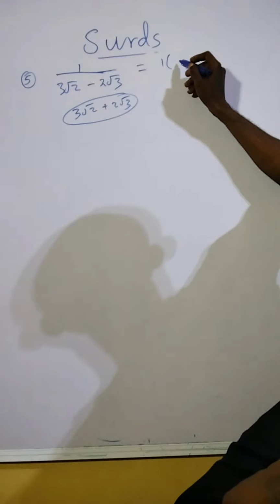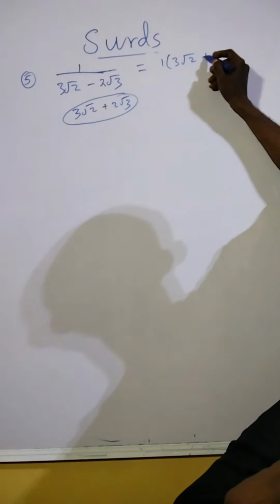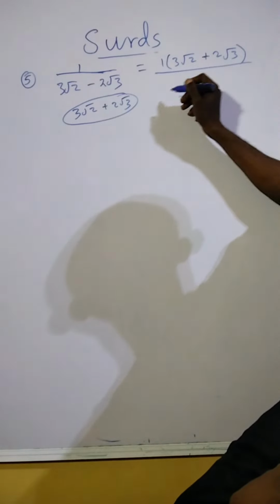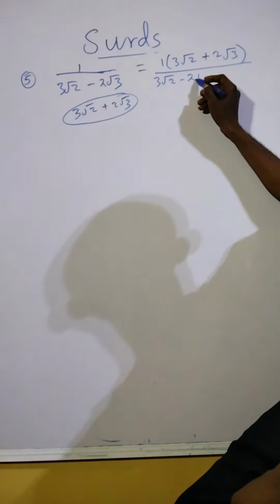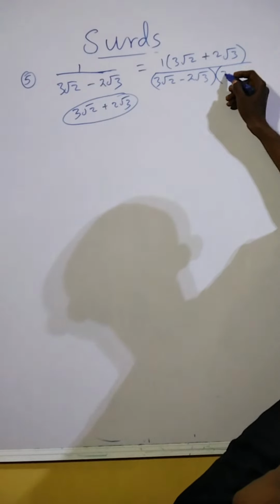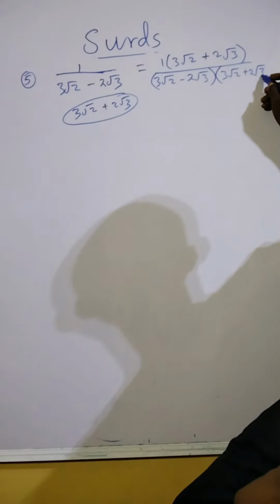And we have 1 times 3 root 2 plus 2 root 3, then over 3 root 2 minus 2 root 3 multiplied by 3 root 2 plus 2 root 3.